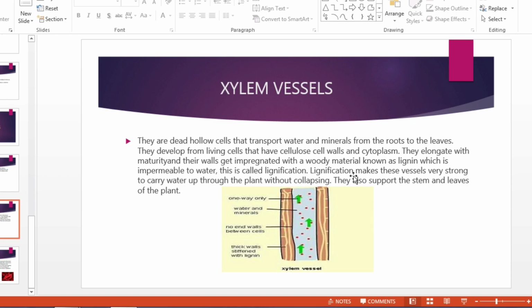But after lignification, the xylem cells die and form a very hard vessel which cannot easily collapse and helps the plant to get water and mineral ions from the roots to the leaves for photosynthesis. The xylem vessels also support the stem and the leaves of the plant. It doesn't allow the plant to fall down or bend easily.